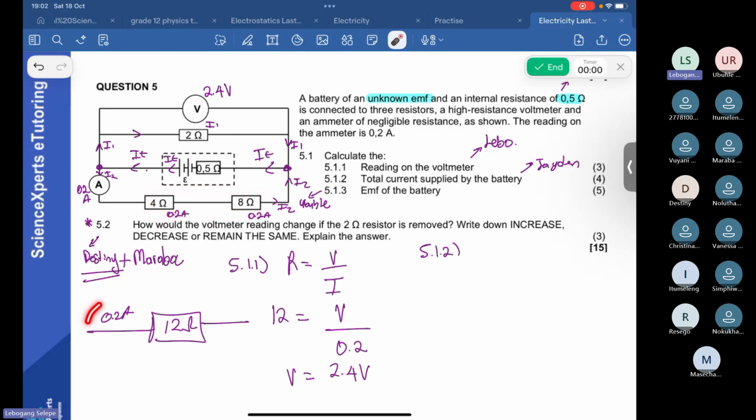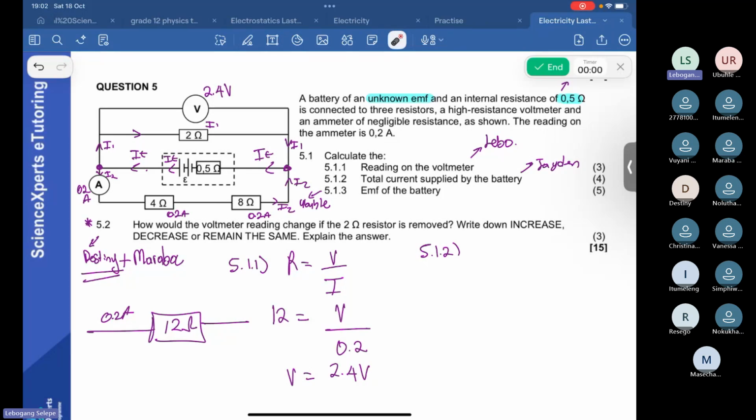So if the current is 0.2, the resistance is 12, I can find the voltage across the entire thing now. It won't be the voltage across this one and the voltage across this one. It will be the voltage across the entire thing. Do you get it, Kgothatso? Yes, sir.